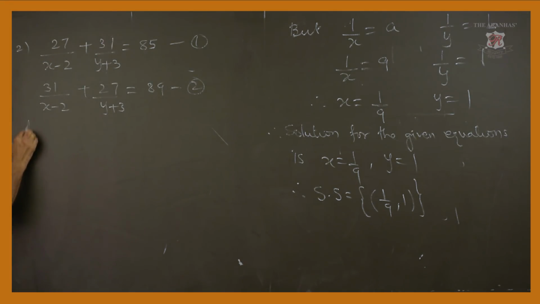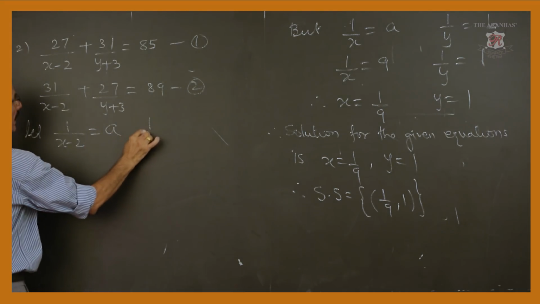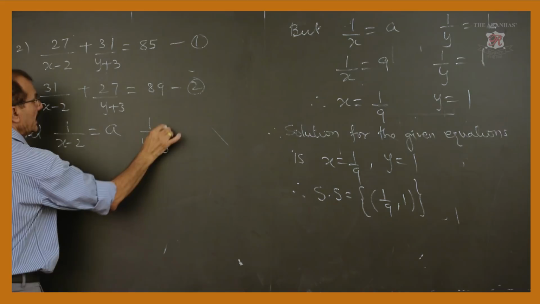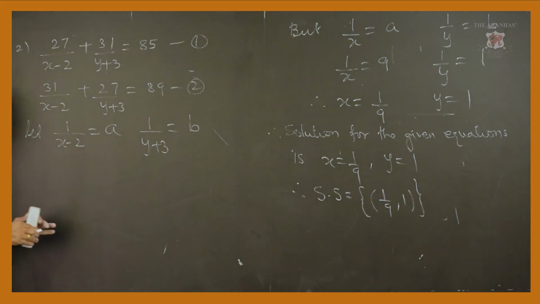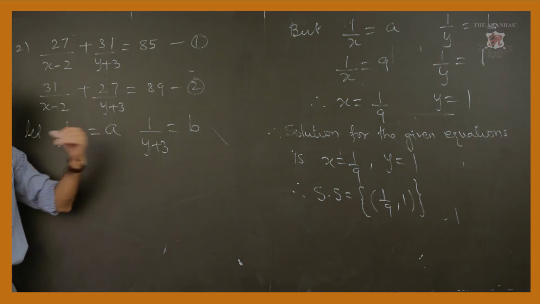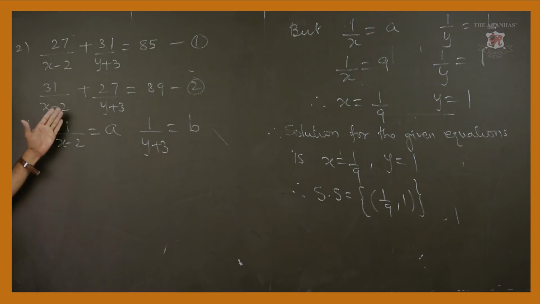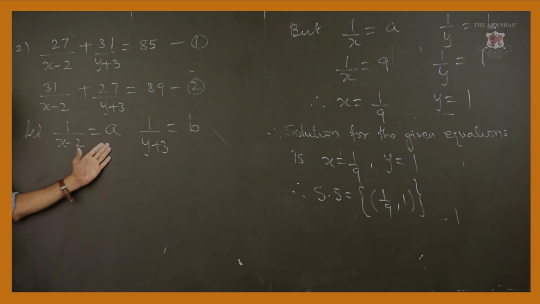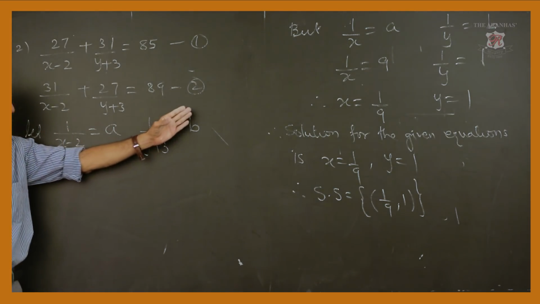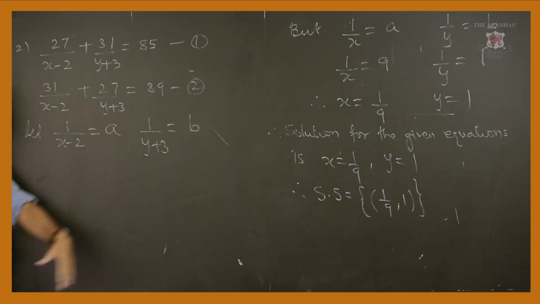So you say let 1 upon x minus 2 is equal to A and 1 upon y plus 3 is equal to B. There is no hard and fast rule why to use A and B. You can use any variable other than x and y. You can take 1 upon x minus 2 is equal to m, 1 upon y plus 3 is equal to n. Any variable you can choose here.